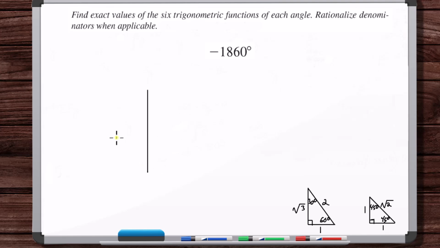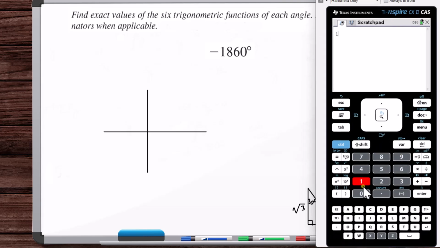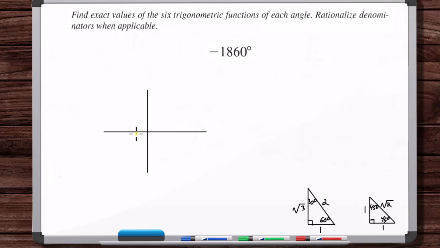Okay, minus 1860. So what is 1860 divided by 360? So it's 5 revolutions in the negative direction, and then this much of a negative revolution. So 60 degrees. So you go 5 revolutions, and then you go negative 60 degrees.